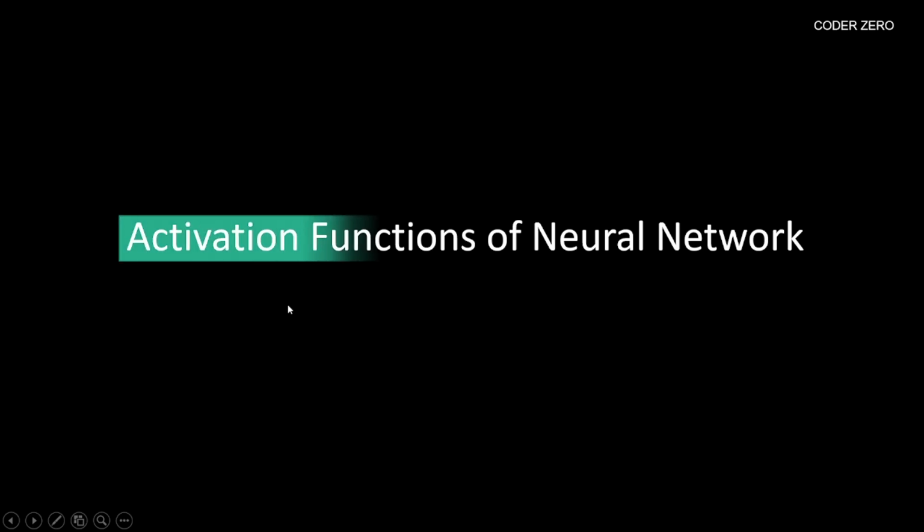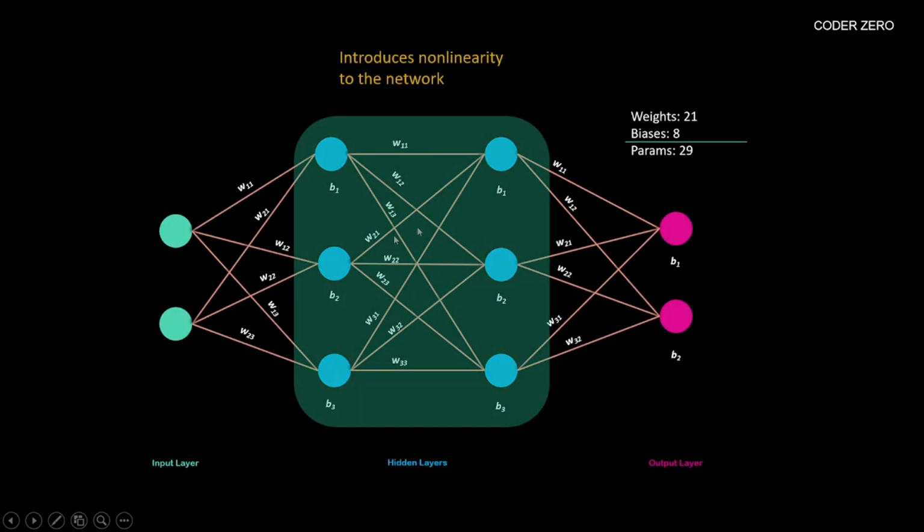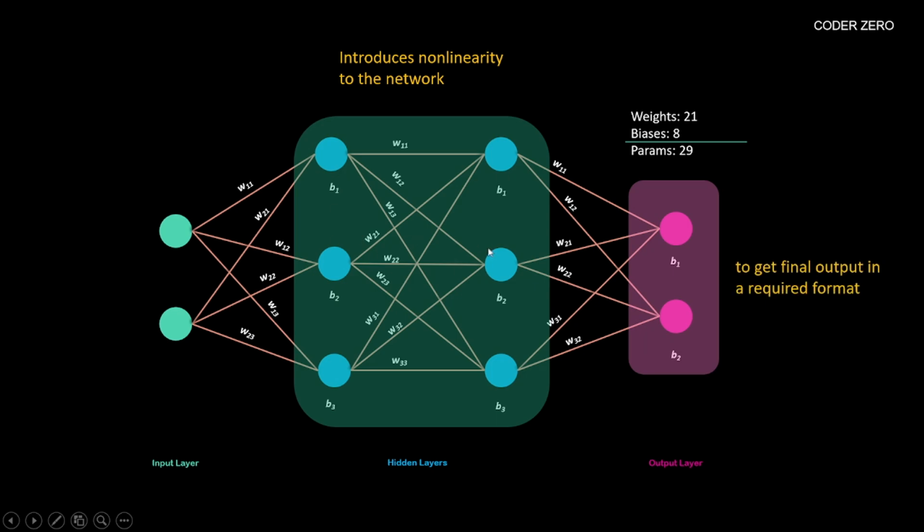Now what are these activation functions of neural networks? An activation function in deep learning is a mathematical operation applied to the output of each neuron in a neural network. You can see here. Now when we use an activation function in hidden layers, we introduce nonlinearity to the network.